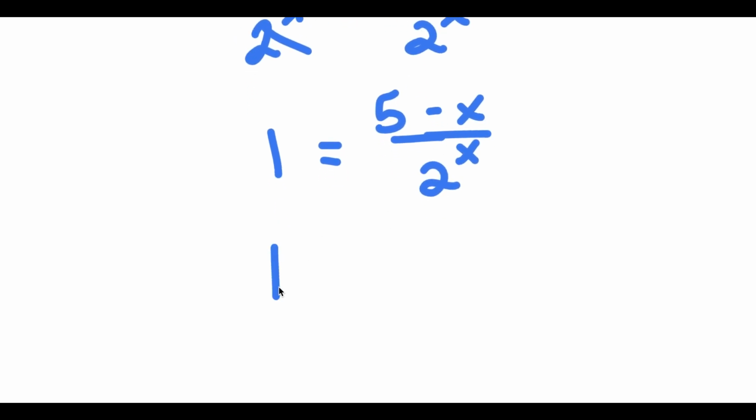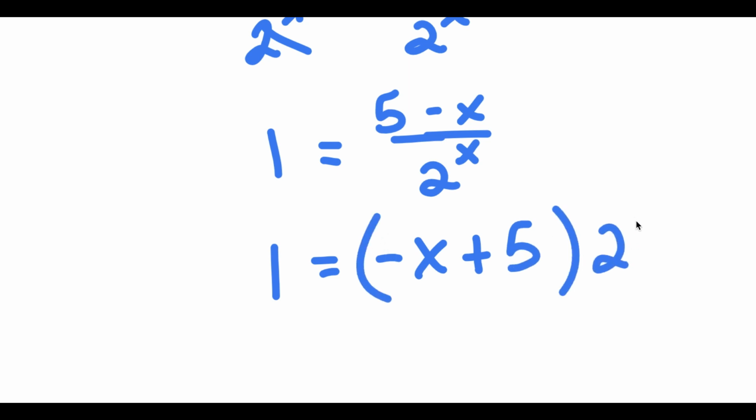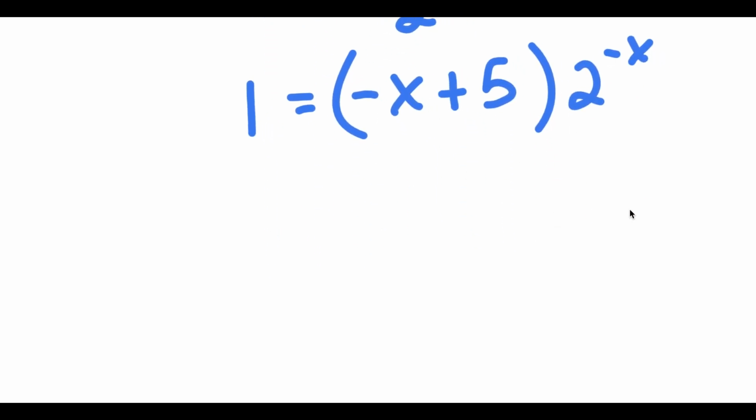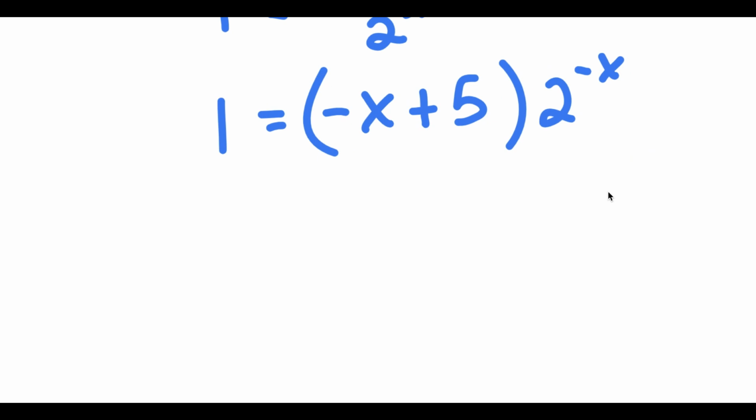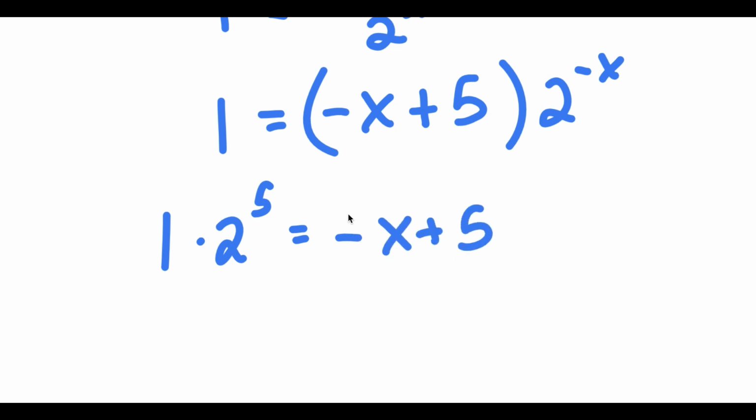Now, this is the same thing as negative x plus 5 times 2 to the power of negative x. And if I multiply both sides by 2 to the power of 5, I get 1 times 2 to the power of 5 is equal to negative x plus 5 times 2 to the power of negative x.